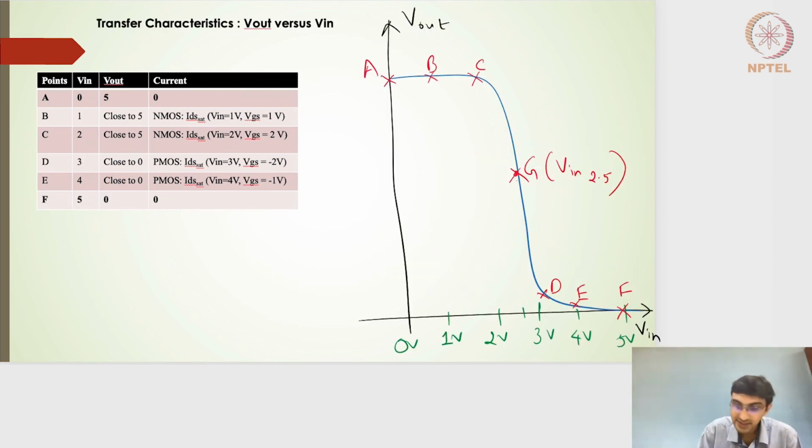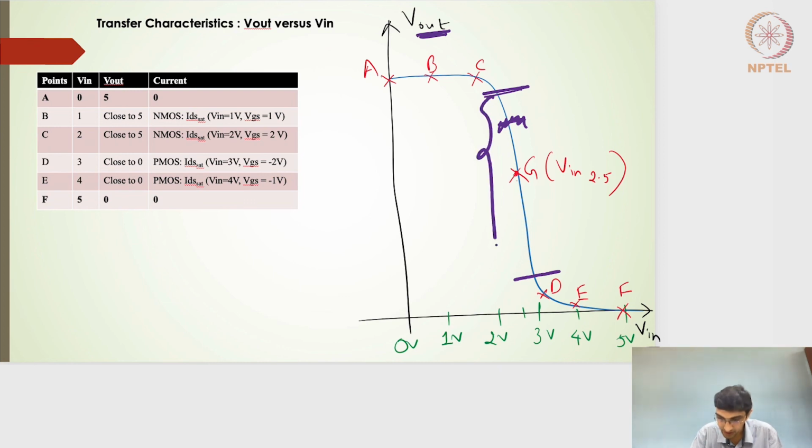And the last one is the transfer characteristics, where we have the output voltage drawn with respect to the input voltage. So I now have the points A, B, C, D, E, F, and this particular G point. Notice that at the G point, this turns out to be a straighter line.